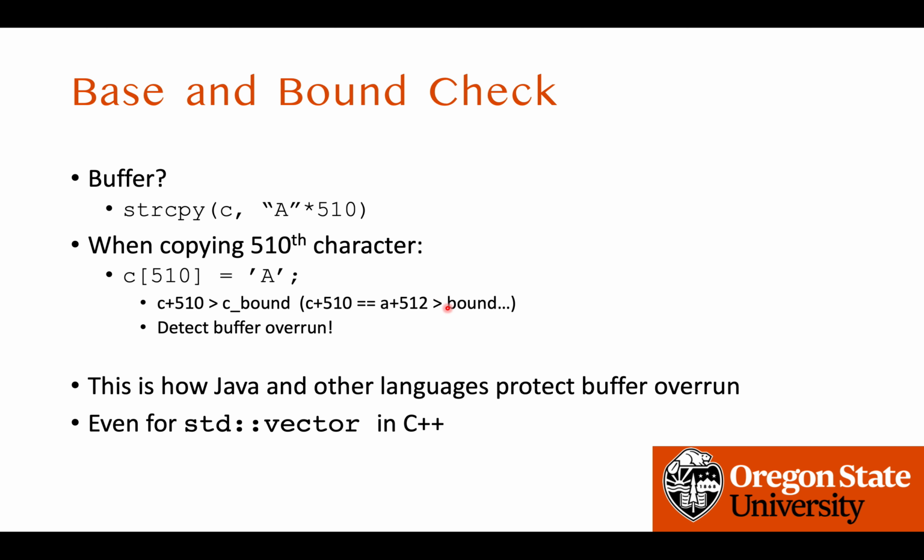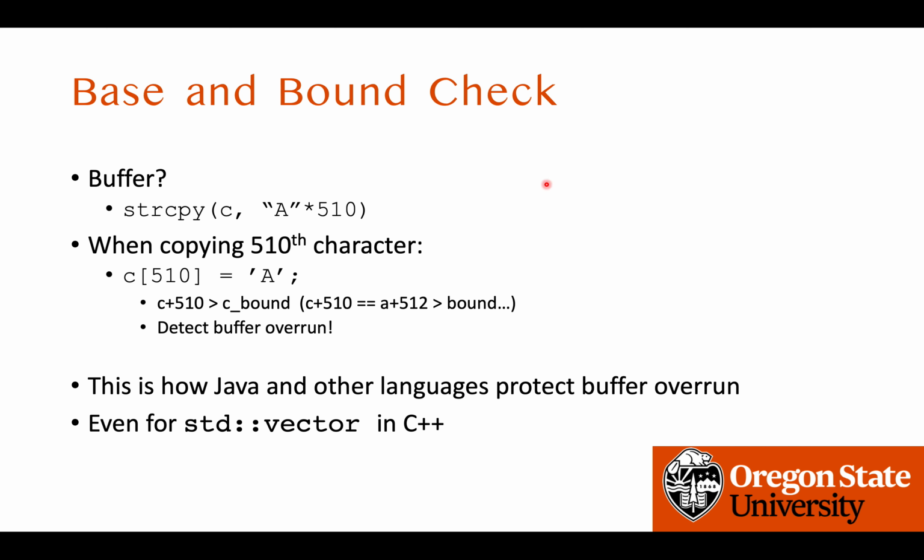So we can check that this value is out of bound, then we can detect the buffer overrun. And this is how Java and other memory-safe languages protect against buffer overrun, and it is used even in the vector object in the standard template library in C++.